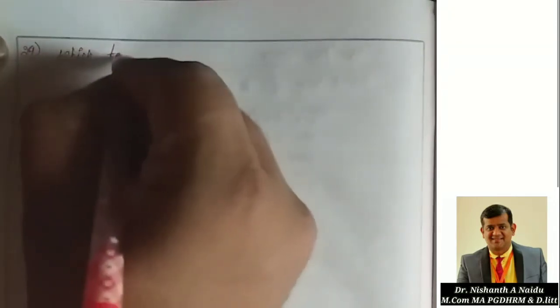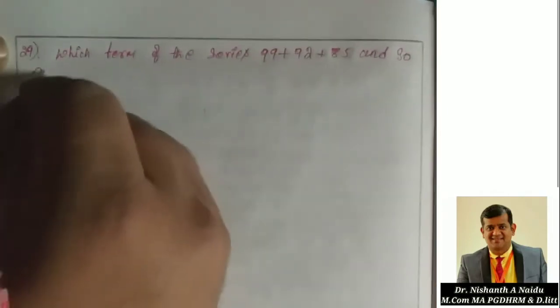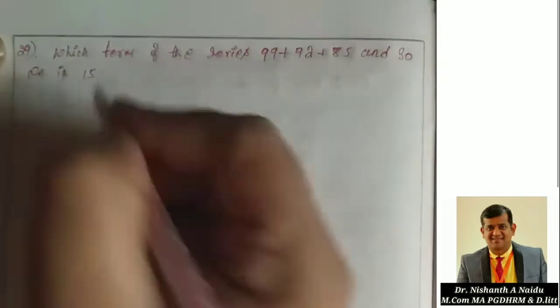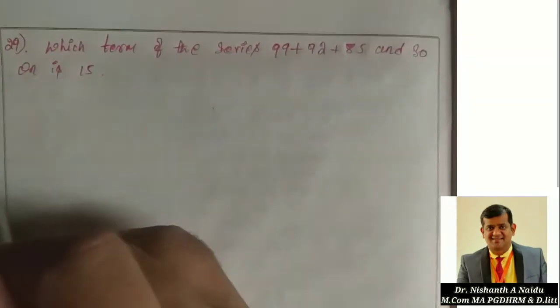Which term of the series 99 plus 92 plus 85 and so on is 15? So here we are going to solve that.